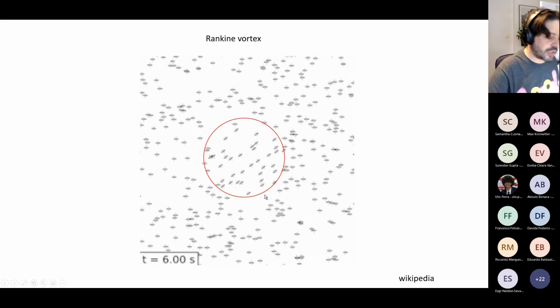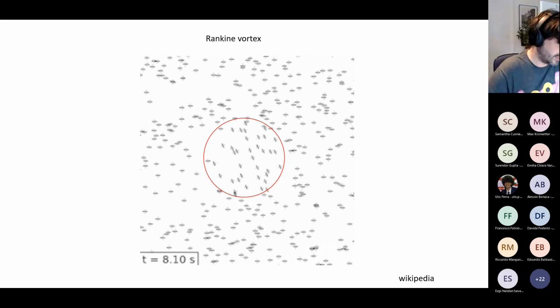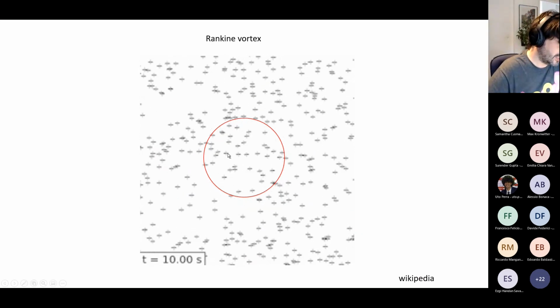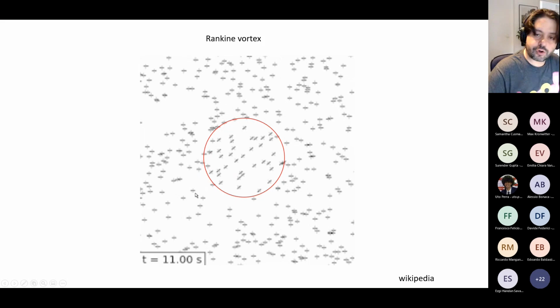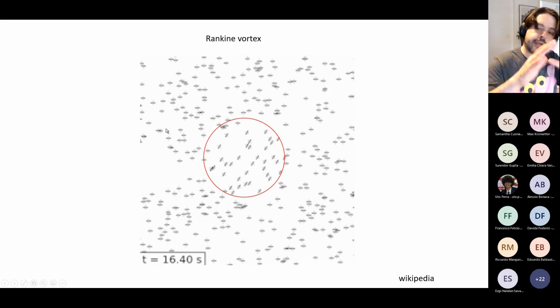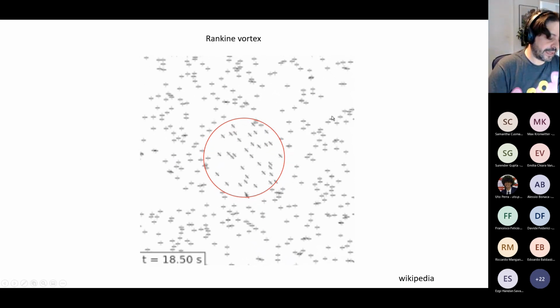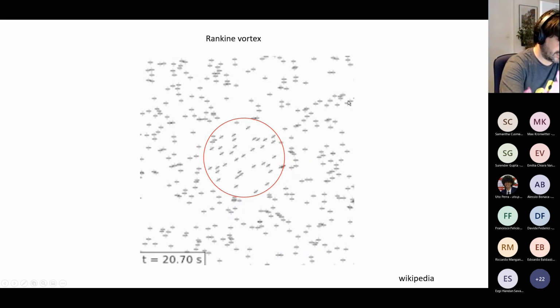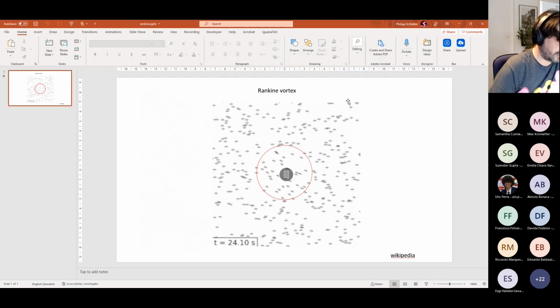The center part you can do a bit more accurately as a circle. So inside this circle, everything rotates as a solid body rotation. Further away, it just smoothly decays. So this is the illustration of a Rankine vortex.